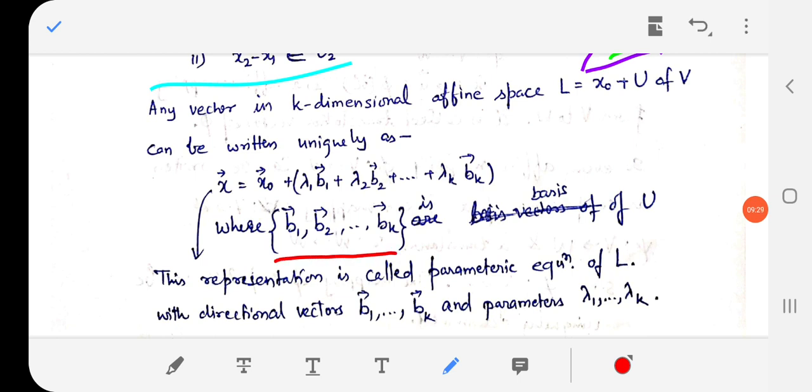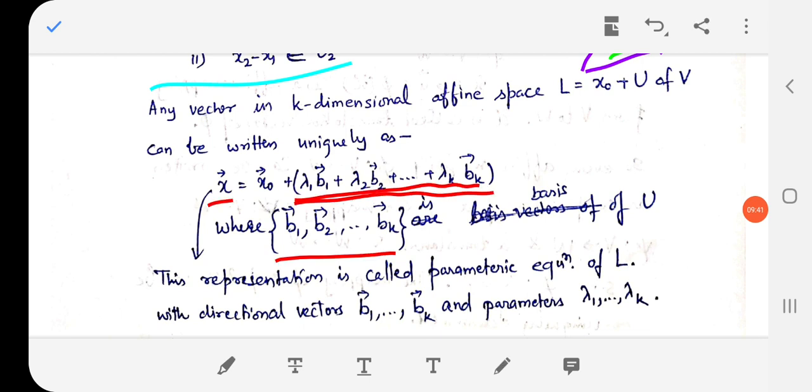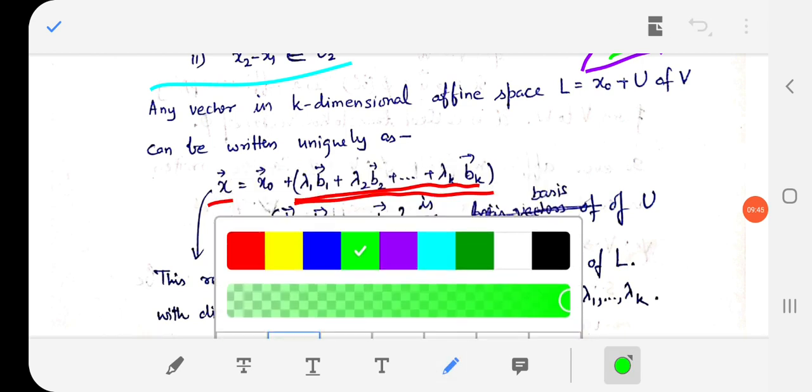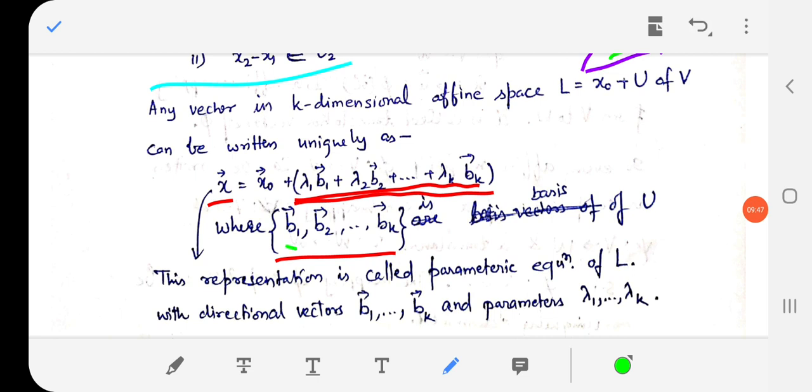So we can represent any vector in the affine space by this. The point in the subspace can be defined by this, and now we shift it by x0 so as to make the affine space.